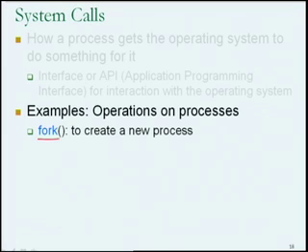I could write a program which calls fork 5 times, and the net effect is going to be that that program is going to execute as one process, which was its original, the process which came into existence when I asked that program to be executed, and then 5 additional processes due to the 5 forks that may have taken place. So the program would ultimately run possibly as 6 processes.